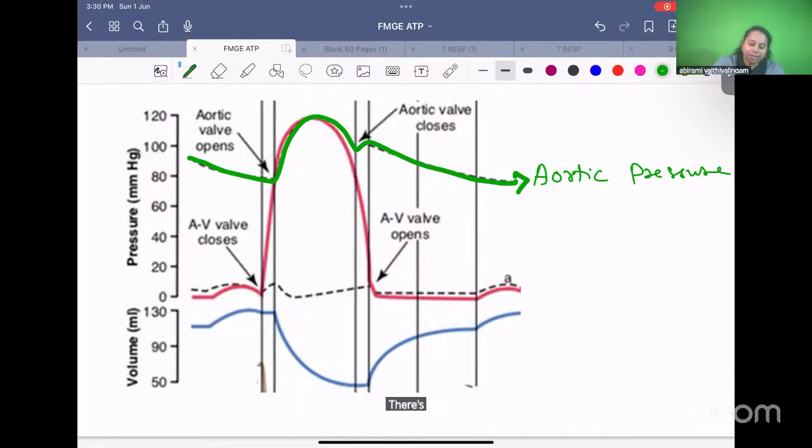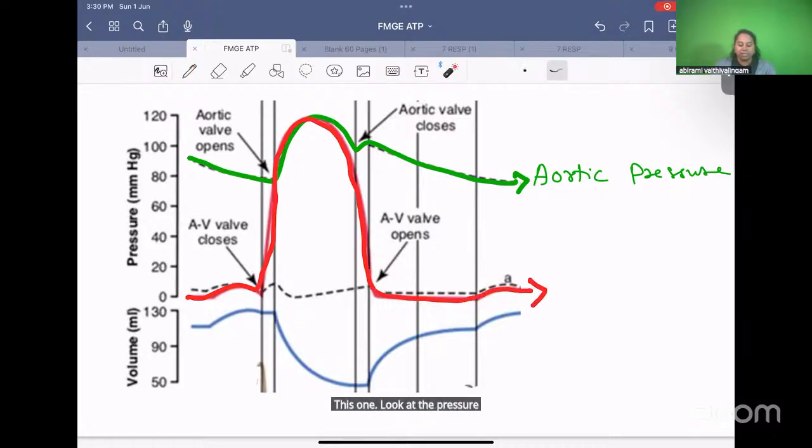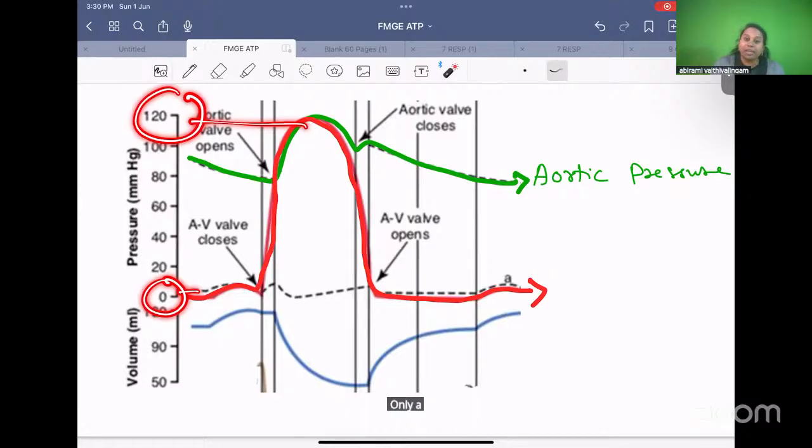There's a big red colored curve. I'll trace that in red now. Look at the pressure variations. It starts from 0 to 120. Such huge differences in pressure, only a big chamber can produce.